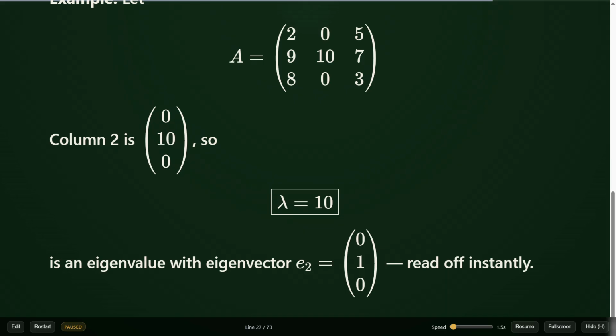Now you can get information about the remaining two eigenvalues because the trace is 15, out of which we have got one eigenvalue equal to 10. So the sum of the remaining two eigenvalues is going to be 5.